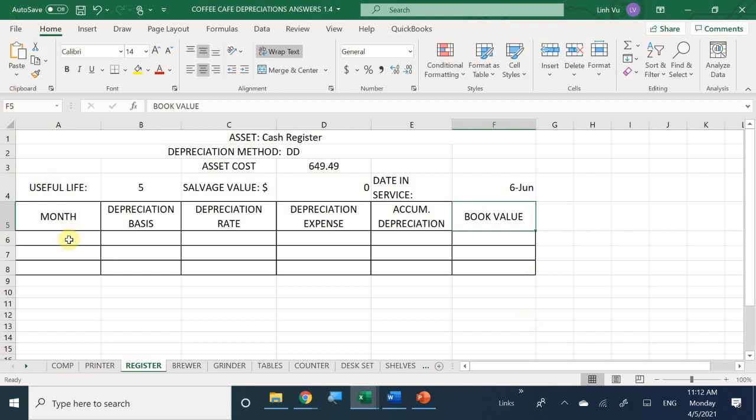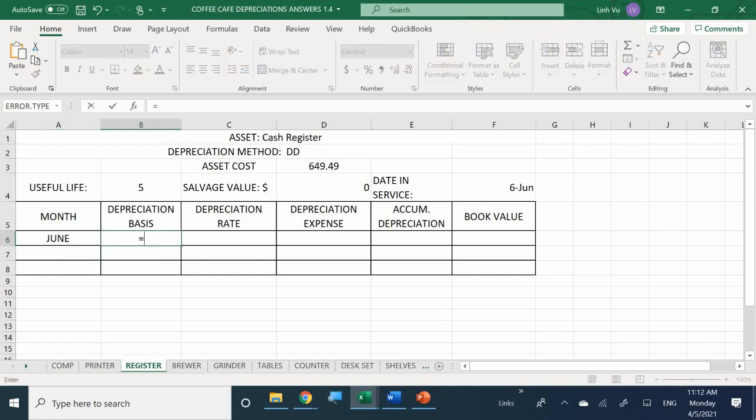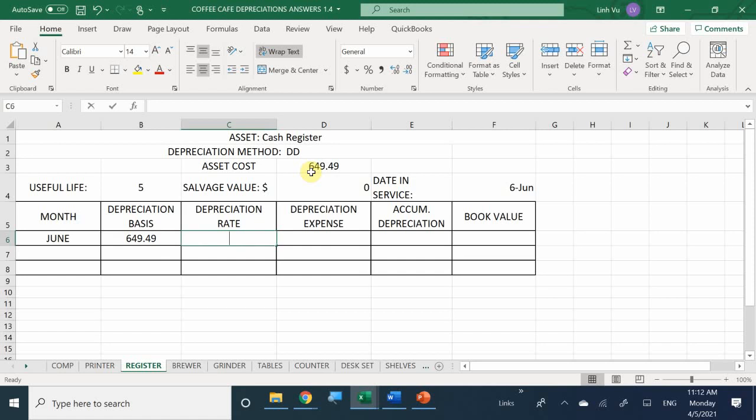Once again, we're depreciating for the month of June. Depreciation basis is going to be this right here. The rate is 1 divided by useful life times 2.